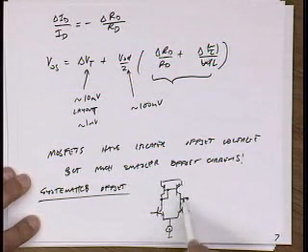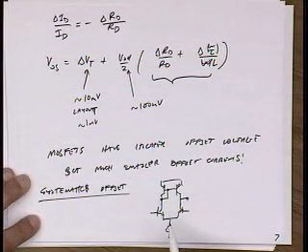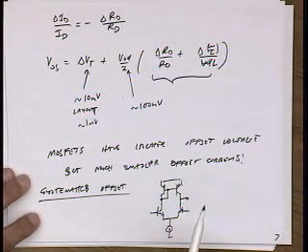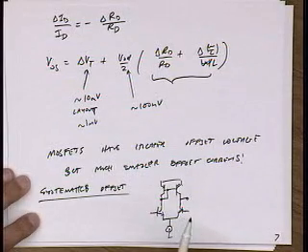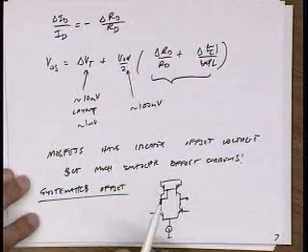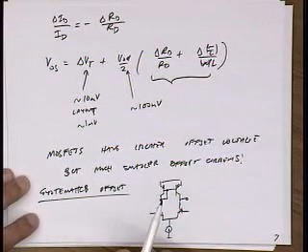This guy sees a high impedance load. This guy sees a diode connected load. What will that change? Any guesses? Yes, Debo? The resistance looking into the source depends upon the drain collector resistance.